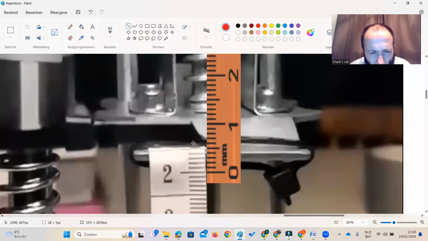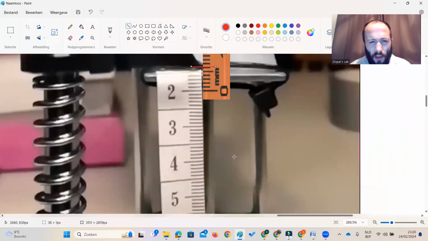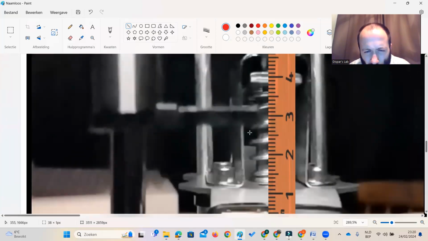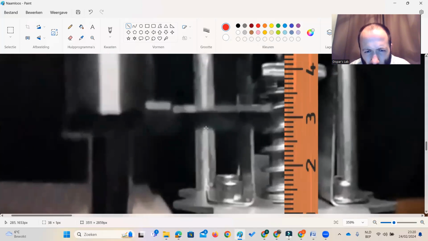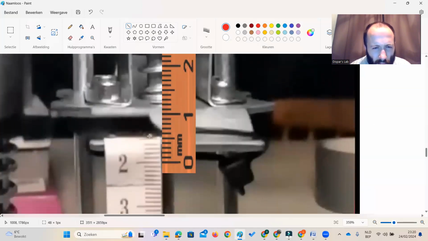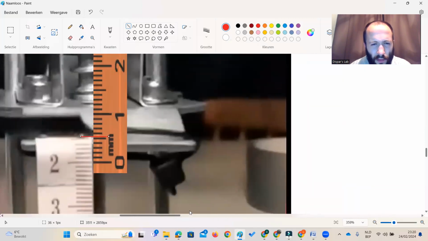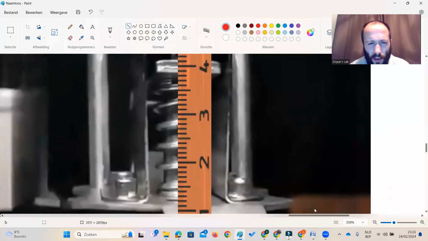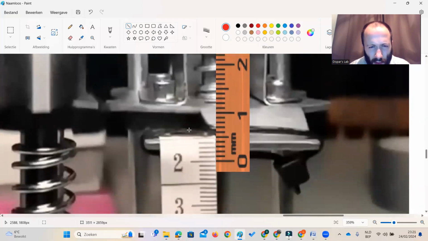And then over here. Right, now for the 1 mass. Let's take a look. Seems to be over here. And then over here. Next. Hold on. This is a little bit vague, but roughly over here. And then over here.